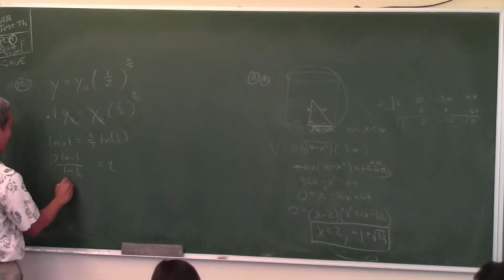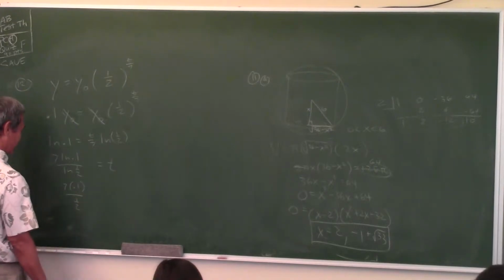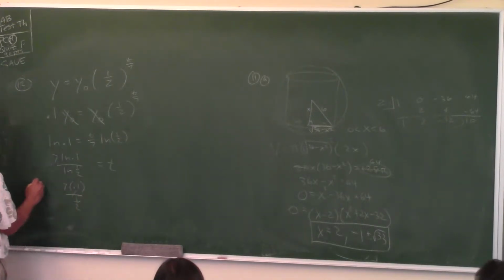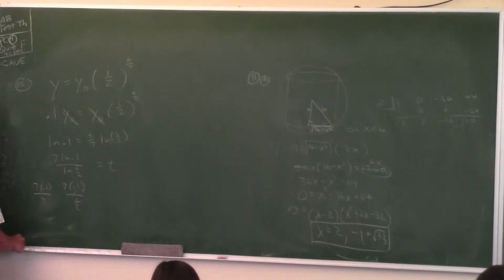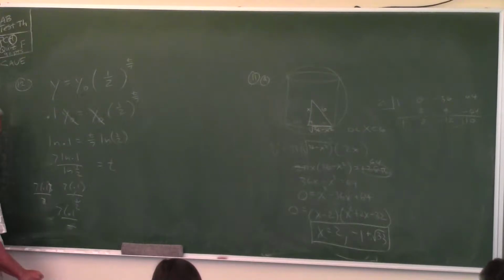Cancel out the ln, so you get 7 times natural log 0.1 all over natural log 1/2. Cancel out the fraction sign, so you get 7 over 0.1 all over 2. Cancel this thing with that thing. So all you have is 7 parentheses, left parentheses 0.1 all over 2.